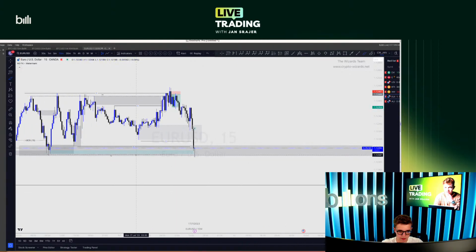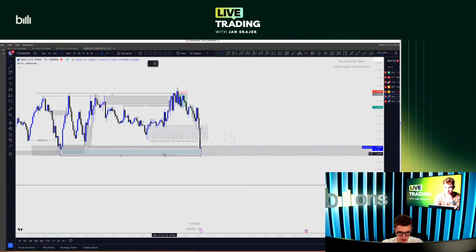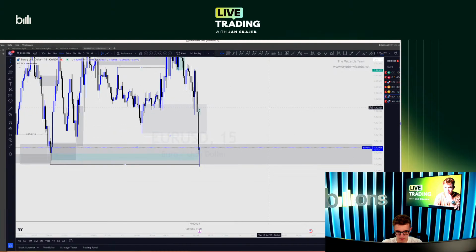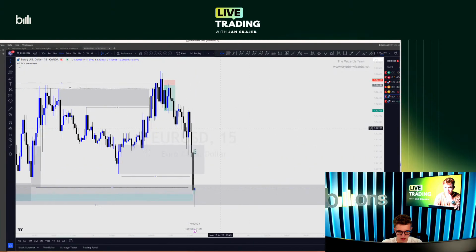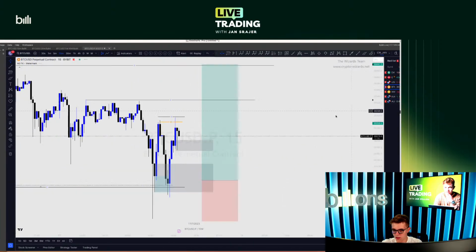There is a nice swing failure, very nice swing failure. EU becomes much more bullish to me after this, if we close above it successfully, which we've got to wait for. All right. So let's see how this goes. BDC. This is a strong push from this demand zone that reacts perfectly.